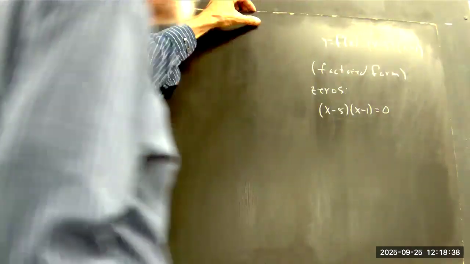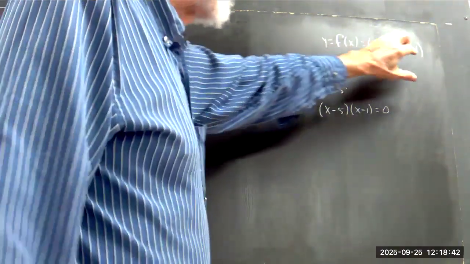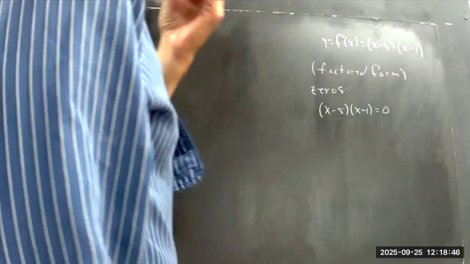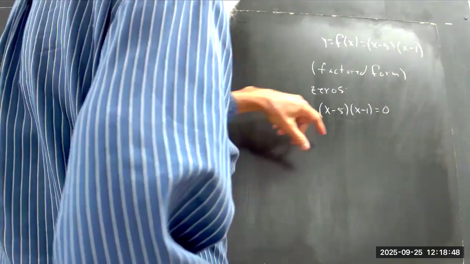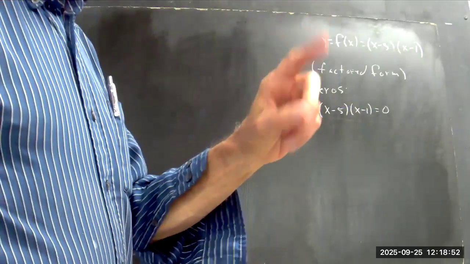Your zeros or x-intercepts still occur when y is 0. And if y is 0, then this product is 0. And as I think I've probably mentioned before, when the product of two numbers is 0, that means that at least one of them has to be 0.